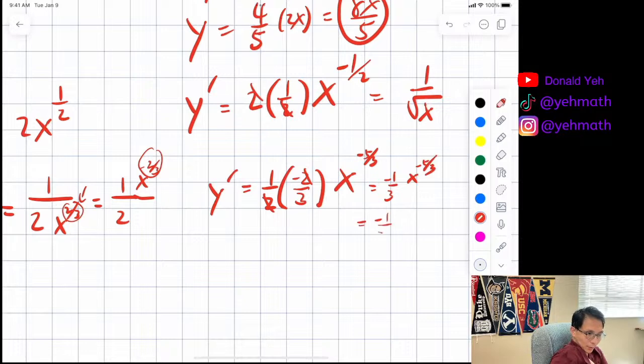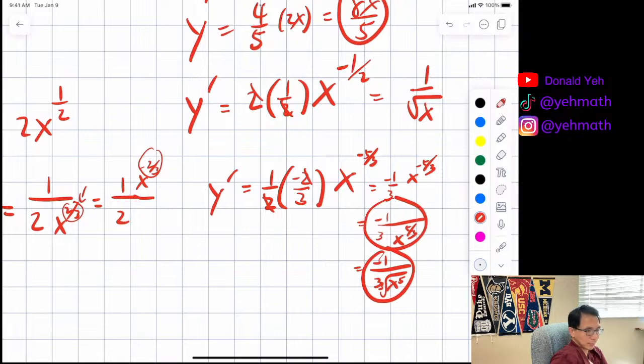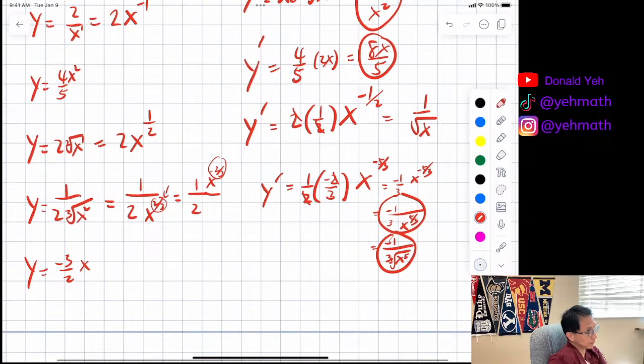That's equal to negative 1 over 3 times the cube root of x to the 5. I move the bottom first. And that's equal to negative 1 over 3 times the cube root of x to the 5. And that's the final answer. They're all fine.